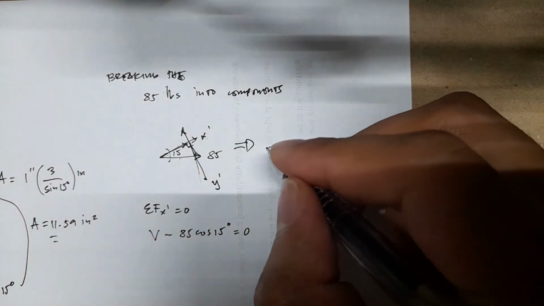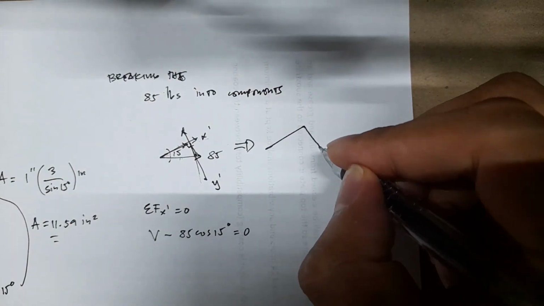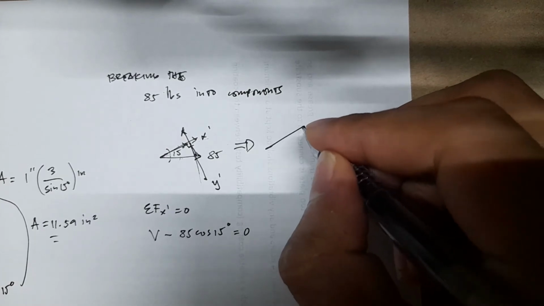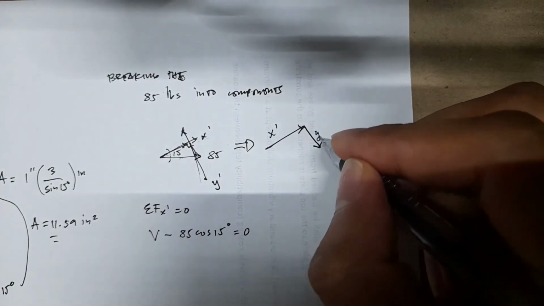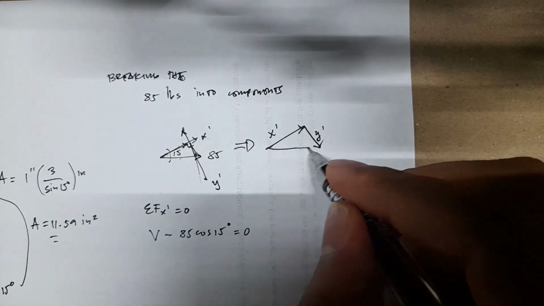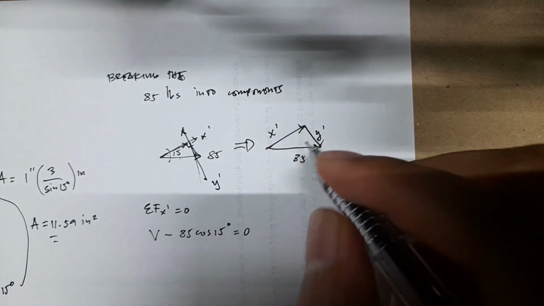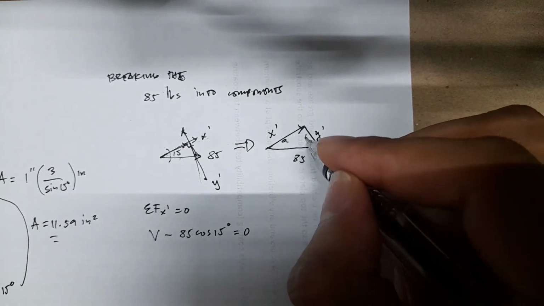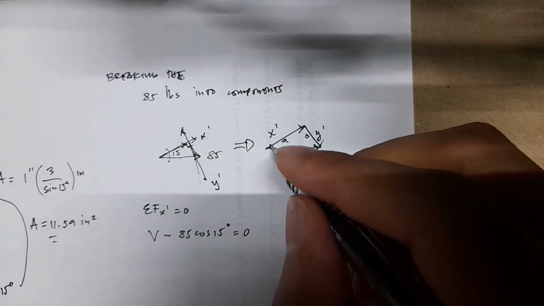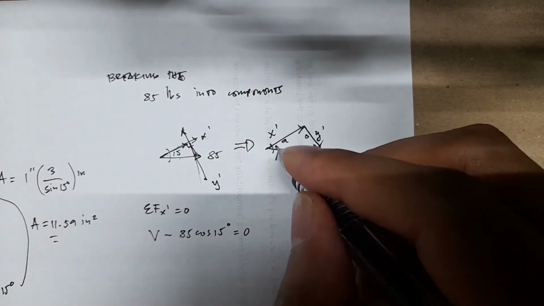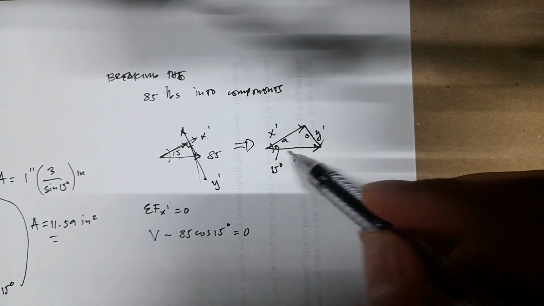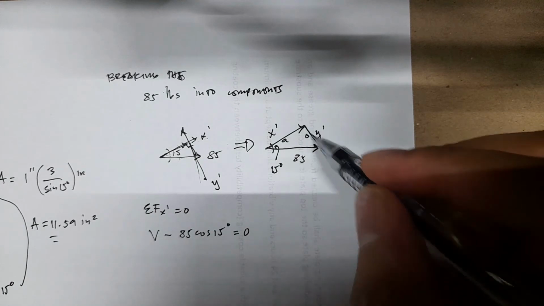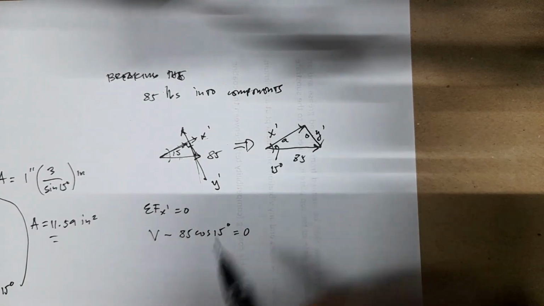To make this clearer, you have the components of the 85 pounds. This one is for the x prime, this one is for the y prime, and you have the 85. This is the adjacent side, this is the opposite side, and this is the angle of 15 degrees. These are the components of the 85 pounds along the y prime direction and the x prime direction.